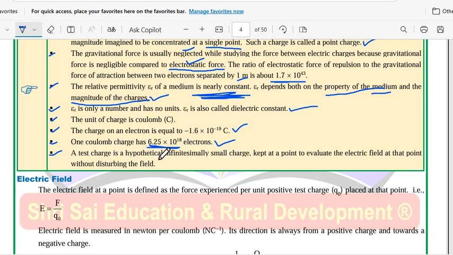A test charge is a hypothetical infinitesimally small charge kept at a point to evaluate the electric field at that point without disturbing the field. This is all about the test charge.